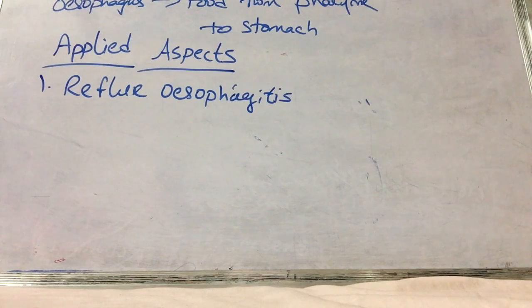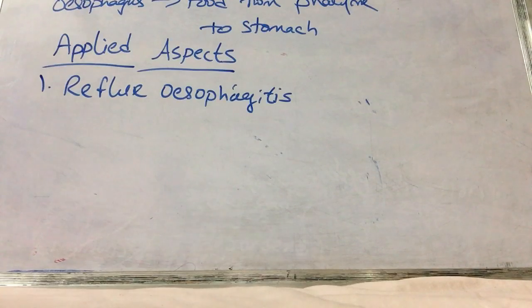The lower esophageal sphincter remains always tonically contracted except during swallowing, when the food in the esophagus stimulates the esophageal peristalsis. When the lower esophageal sphincter becomes incompetent, then reflux of acid gastric content into the esophagus produces esophagitis, known as reflux esophagitis.